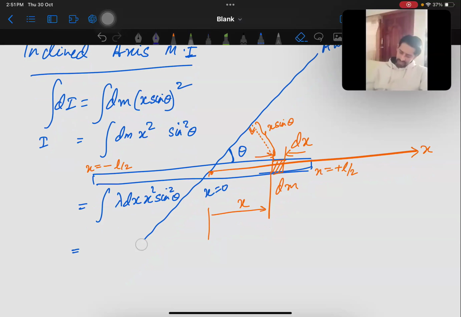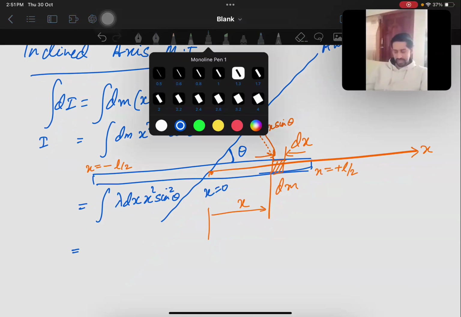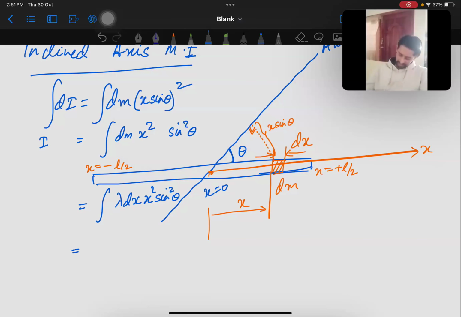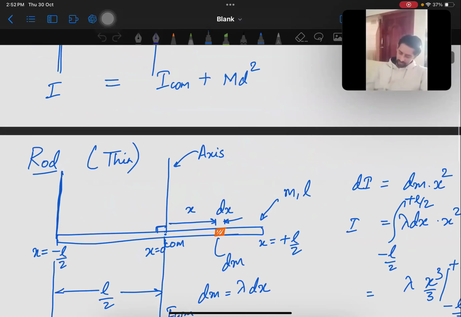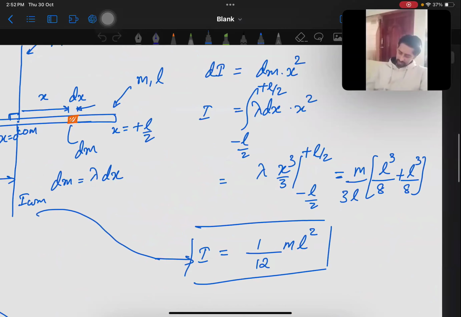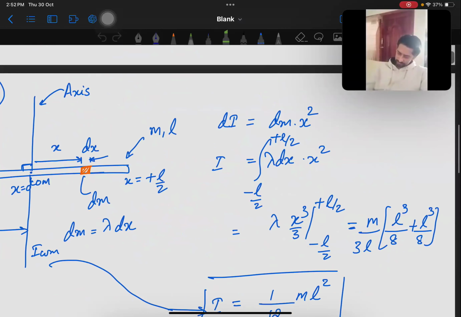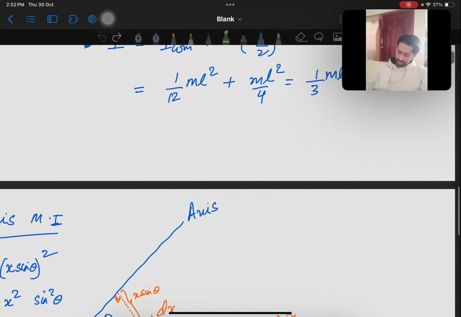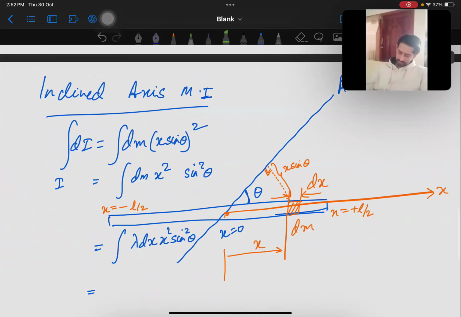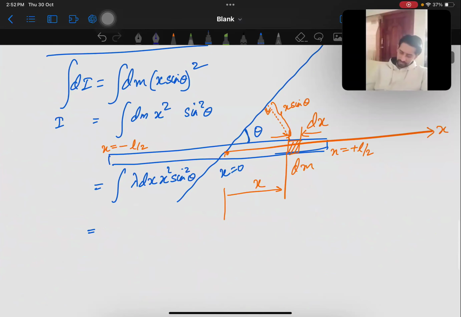Is it the same as the first derivation on the rod that we did, except there is a sine square term? Yes. If you go back to the first derivation that we did, lambda dx x square, from minus L by 2 to plus L by 2. The only addition is a sine square term. So you just write sine square additionally. That's all.